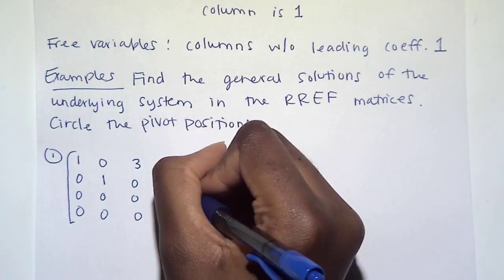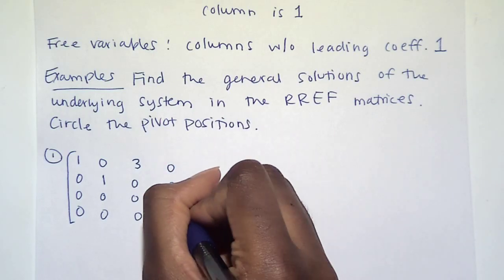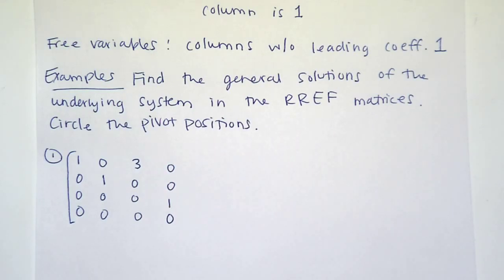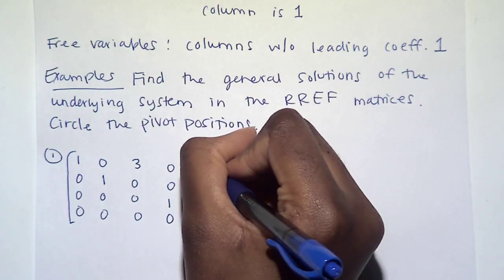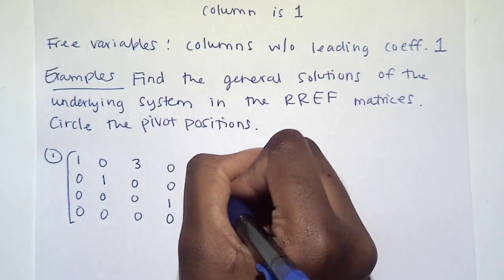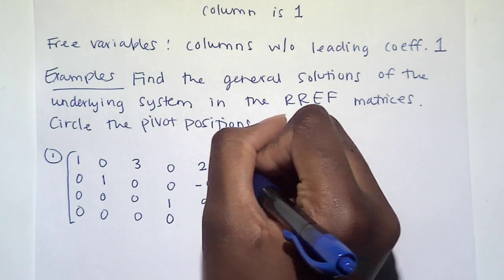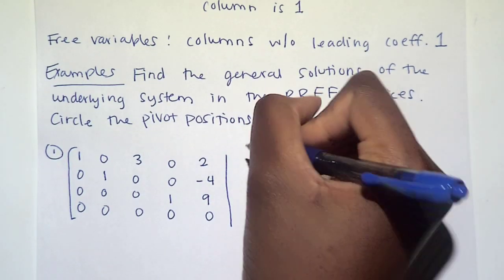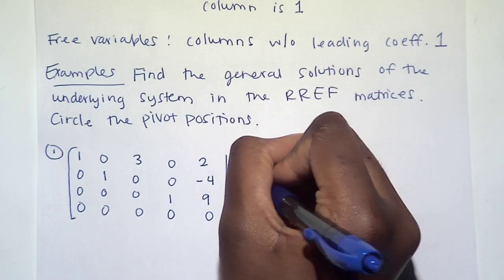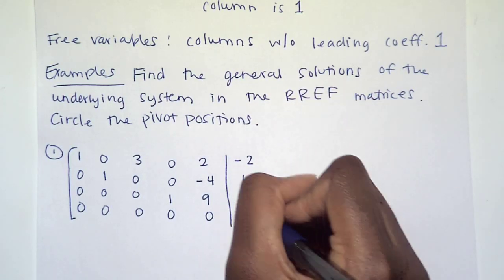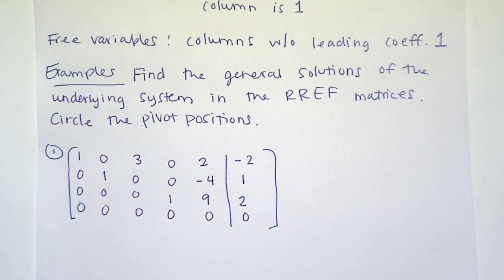Then we have 0, 0, 1, 0. And then 2, negative 4, 9, 0. And that equals negative 2, 1, 2, 0. All right, so this is a big augmented matrix. We have 1, 2, 3, 4, 5 columns, so we'll be solving for x1 through x5.